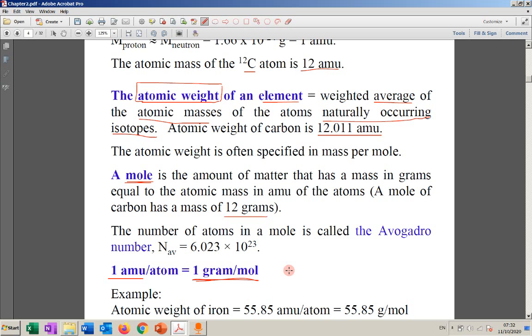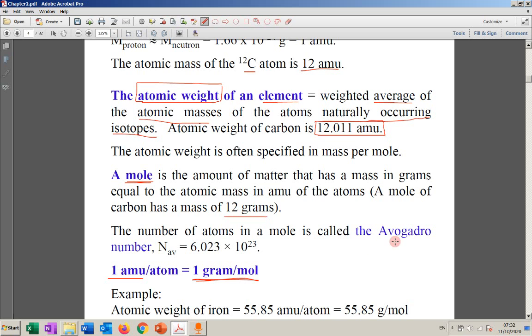When they say 1 mole, you know the atomic weight, so it means this many grams in 1 mole. So if someone says 2 moles, that will be 24 grams of carbon. We use this in chemistry, and throughout here as well we're going to use the mole for the purpose of calculation.